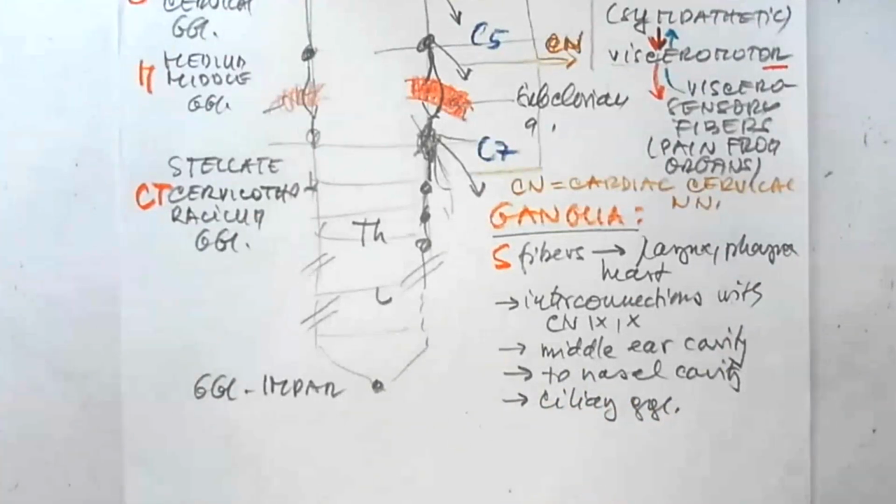No, the ciliary ganglion is situated in the orbit, and the fibers run to the muscles, sphincter and dilator of the pupil.